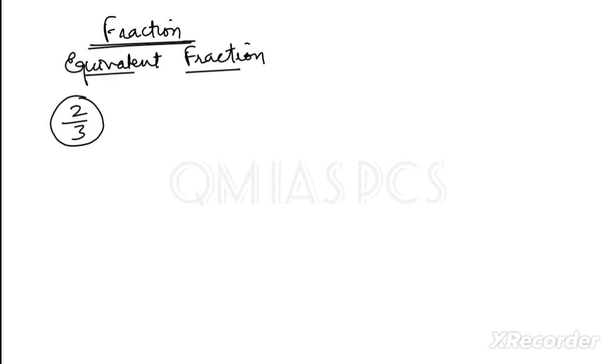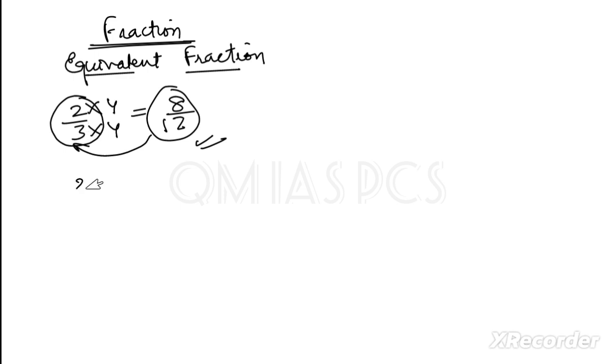Whenever you multiply or divide the numerator and denominator by the same number, say we are multiplying by 4, here it will be 8 by 12. This 8 by 12 is actually equal to 2 by 3. So this is called an equivalent fraction of 2 by 3.